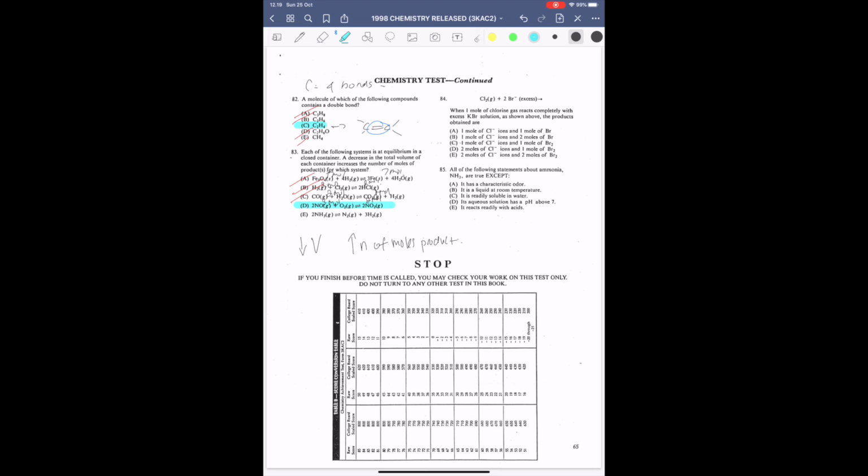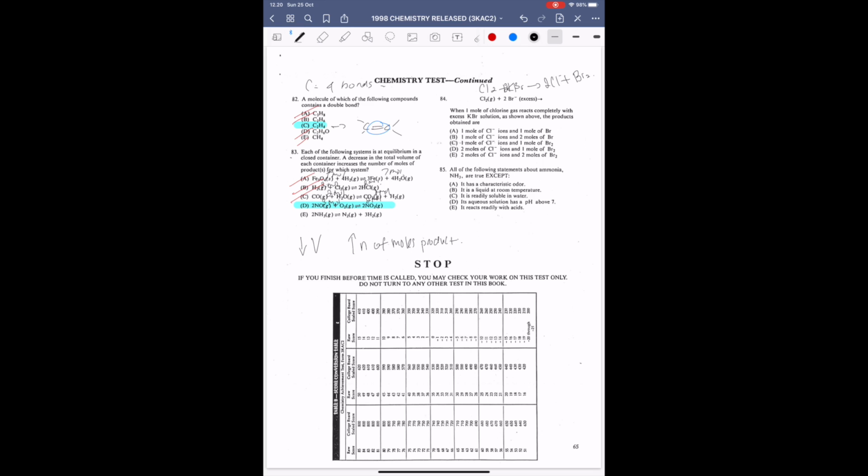84. Okay, when 1 mole of chlorine gas reacts completely with an excess KBr, or potassium bromide solution, as shown above, the products obtained are... Okay, so here it's asking that when 1 mole of Cl2 plus KBr react, the products obtained should be 2 moles of Cl minus ions plus, and if you just put a 2 there, it should be Br2.